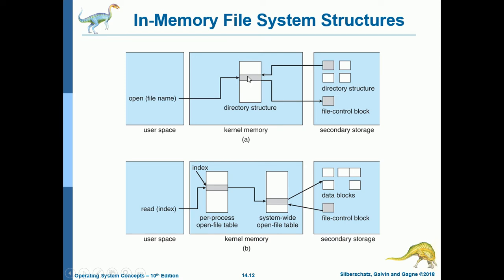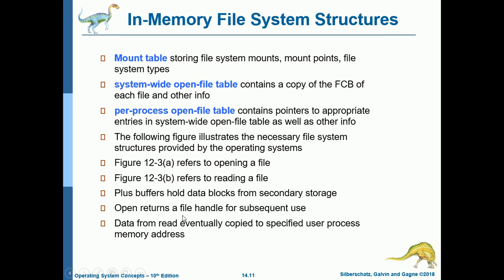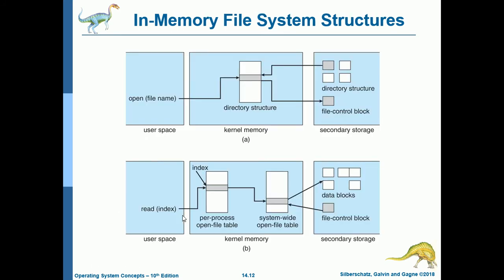And then, of course, as it is said, opening returns a file handle for subsequent use because the user has opened the file. And then next we have reading a file.